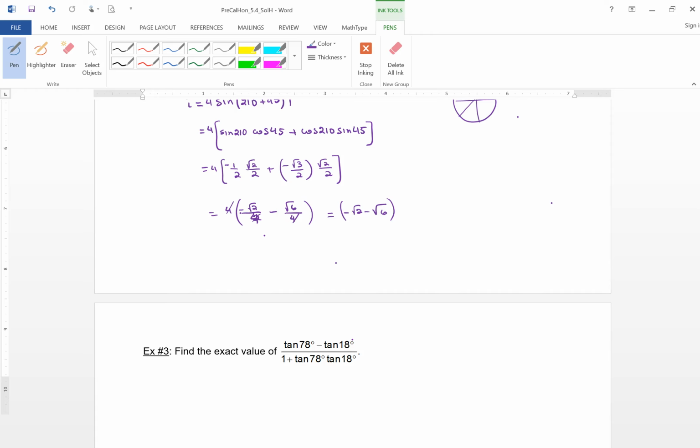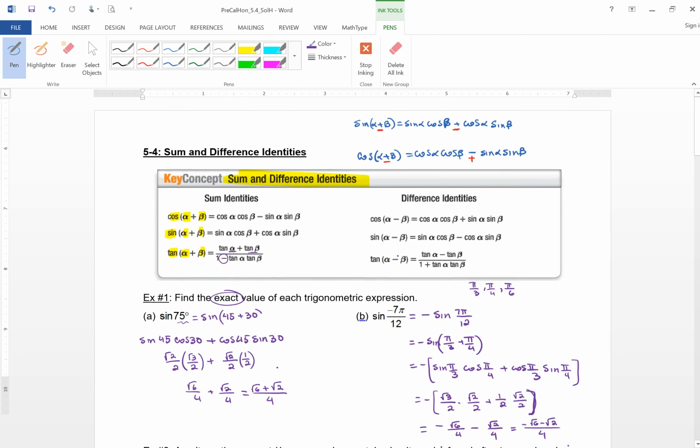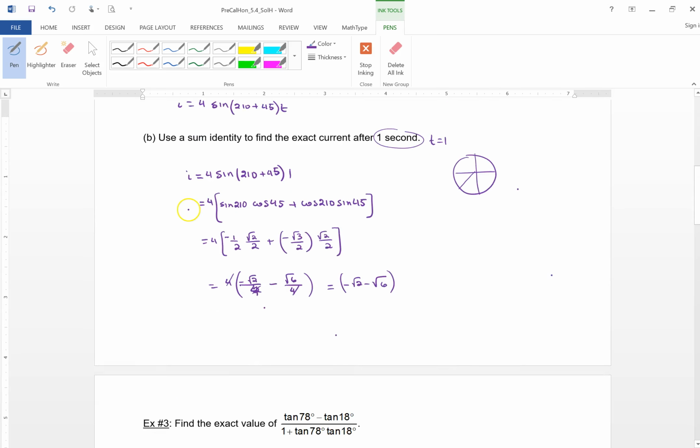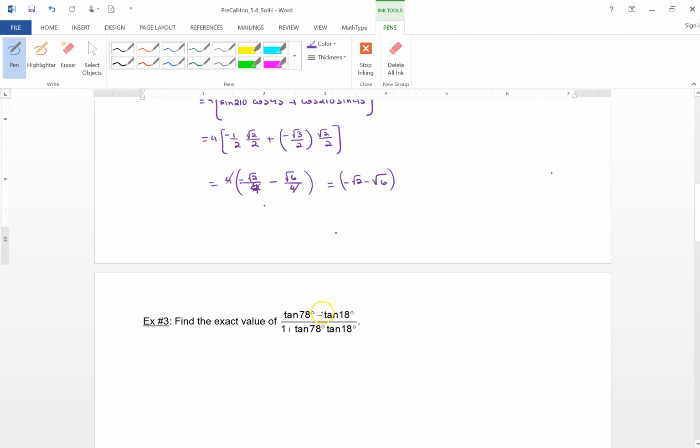Now this one, all right, you're given the expansion of the identity. So what you're given is the right side of the identity, and you want to go backwards to the left side. Because you have a minus here, that's the minus version. So what you have here is tangent alpha minus tangent beta.